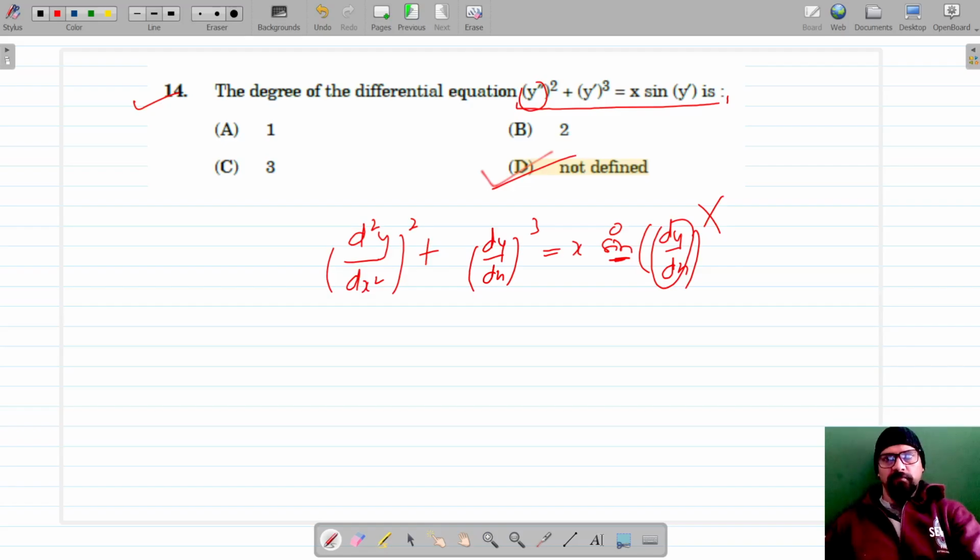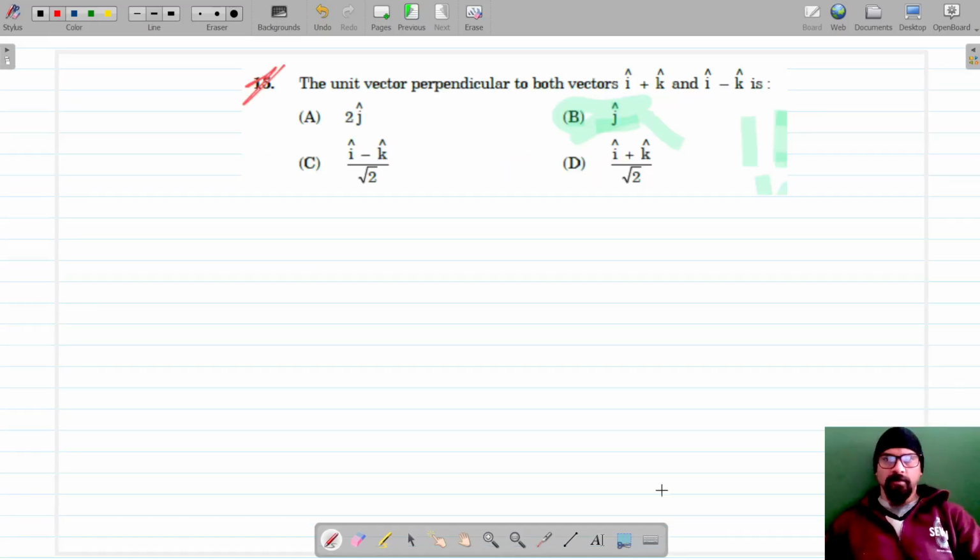Moving on to question number 15. Okay, for question number 15, we have to find the unit vector perpendicular to both these vectors. Let that unit vector be a i cap plus b j cap plus c k cap.